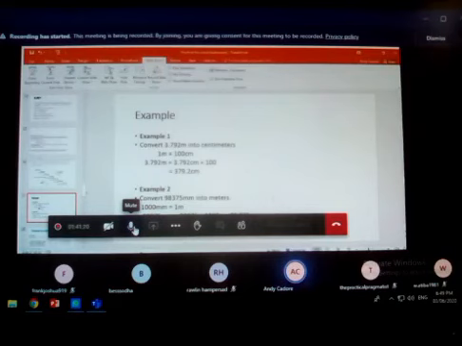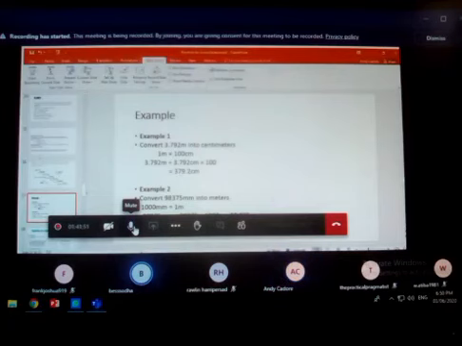Mr. Caro, yes, Miss Bess. Could you repeat the first one? Because I just want to make sure the answer I get is correct. 6.5 meters, and I want to change that to millimeters. Okay. So it would be, can I give you the answer or not?